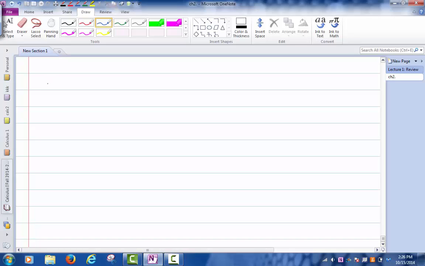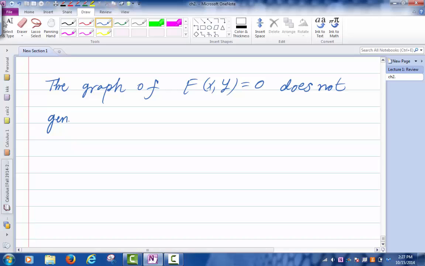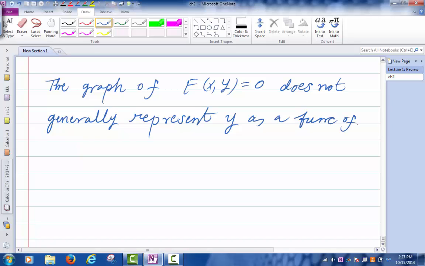So first of all, let me recap what I said so far. The graph of an equation f of x, y equals 0 doesn't generally represent y as a function of x.